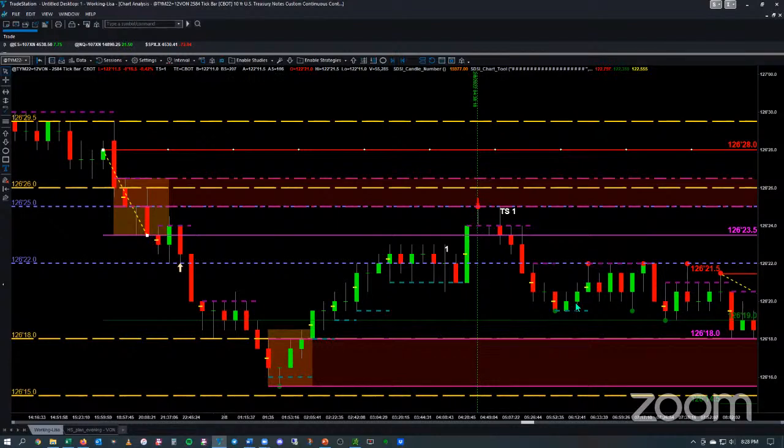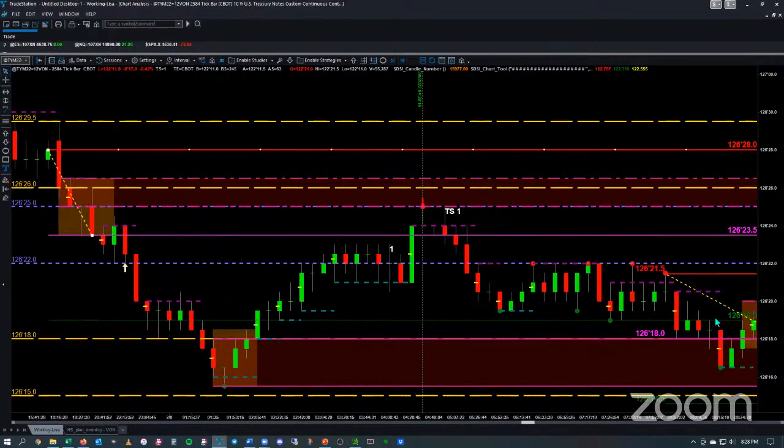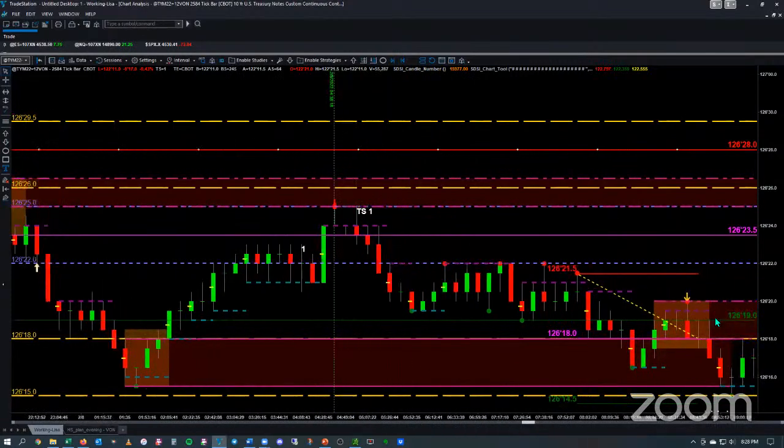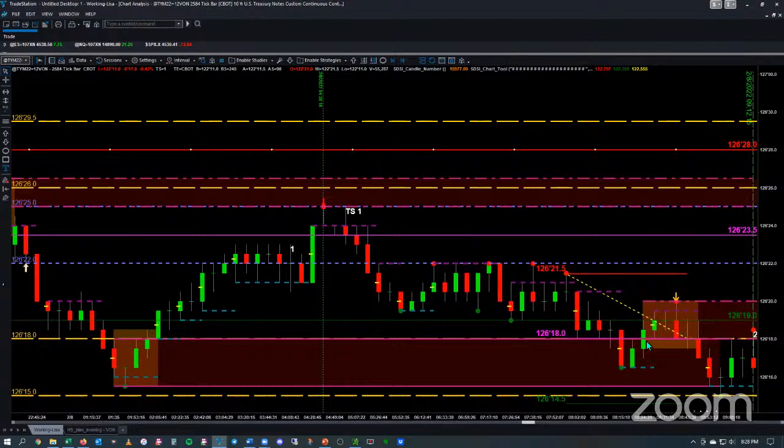And so right here, you've got 1, 2, 3. This is kind of the sideways movement again. So we wouldn't be saying we had our third yet. So really right here is where you really have your 1, 2, 3.